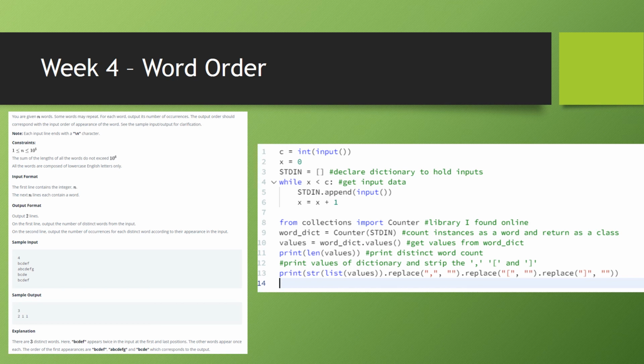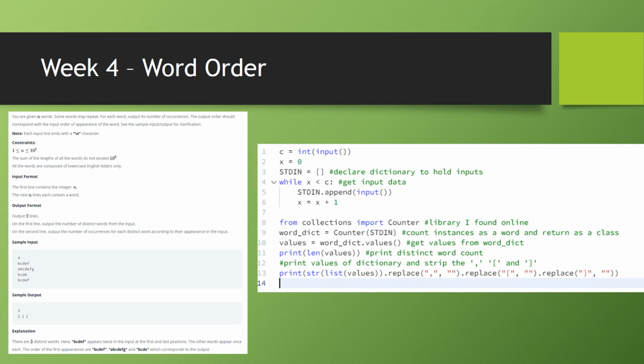Then print the length of the values. That's going to be the distinct word count, because each element in the dictionary is one distinct word, and if you add up each distinct word, you get the total count.